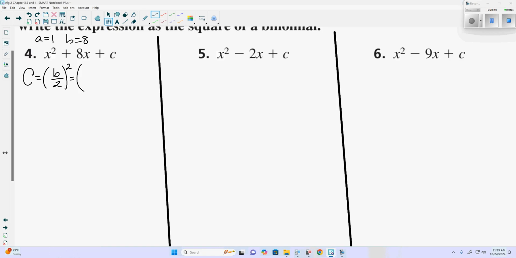A is 1. So we can plug 8 into this here. Yes. Because our 8 divided by 2 is 4. And 4 squared is indeed 16. Telling us that we have x squared plus 8x plus 16.